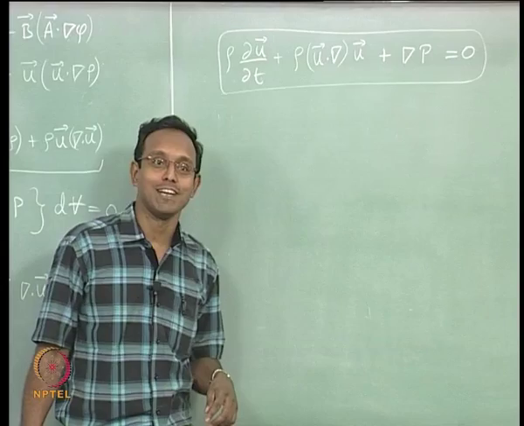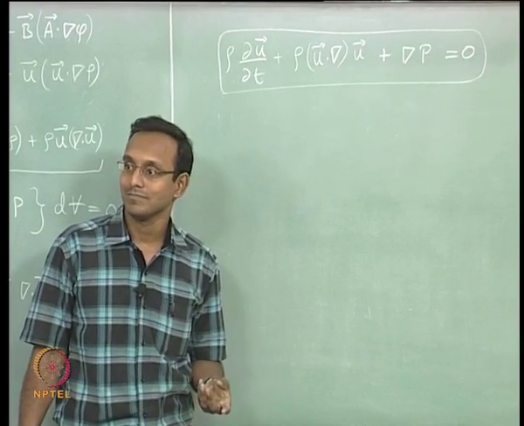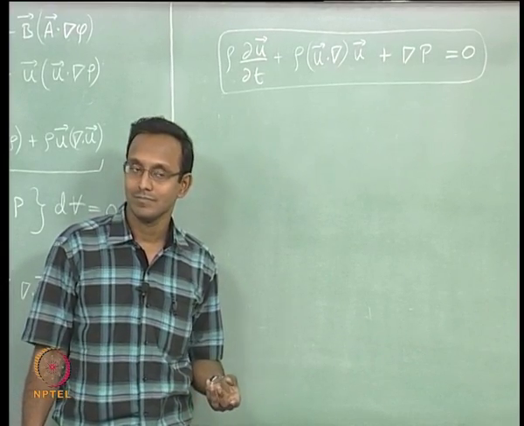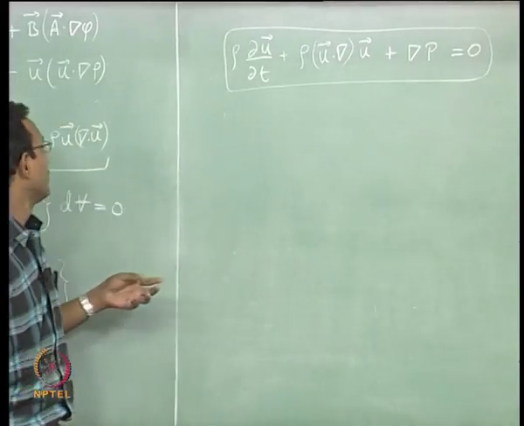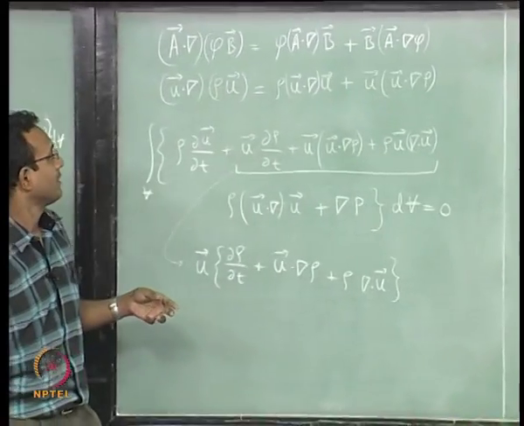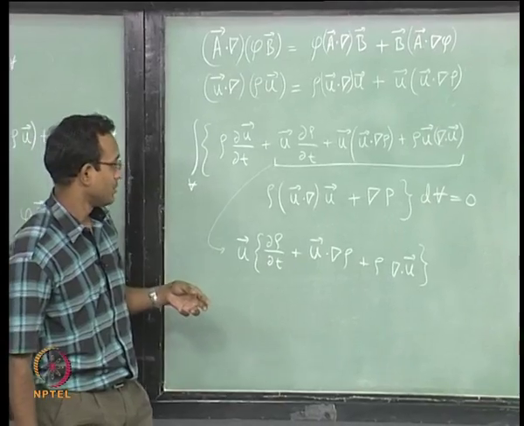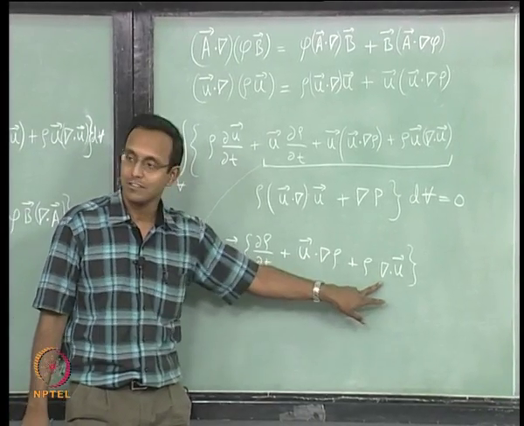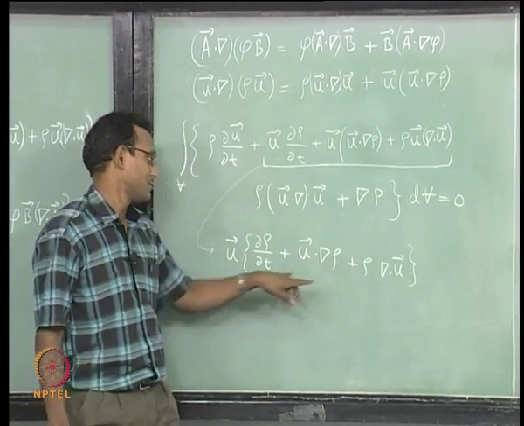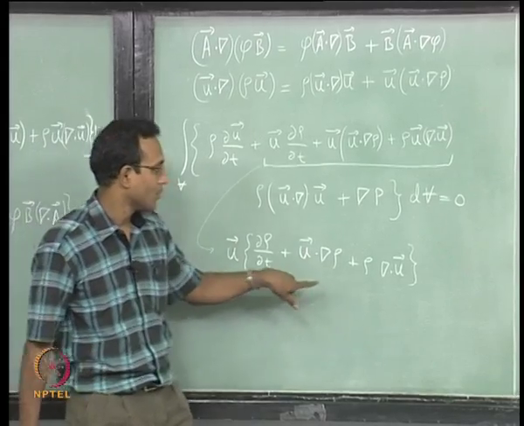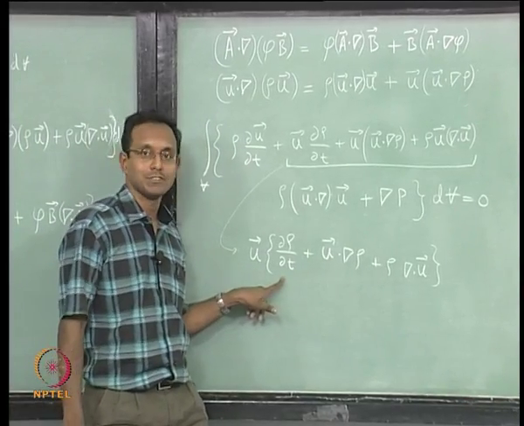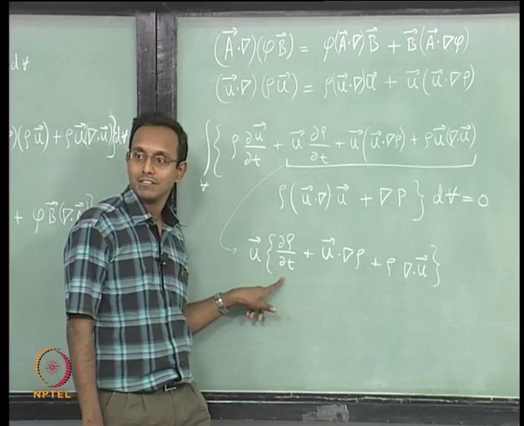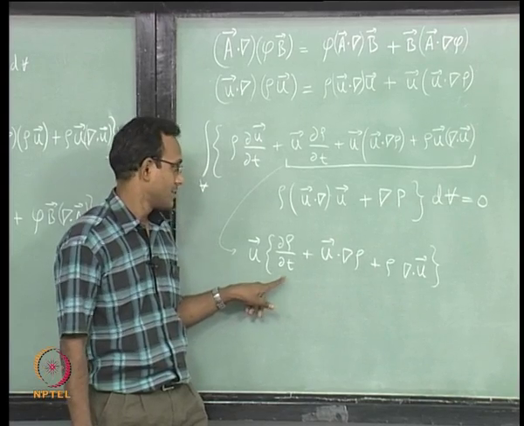Why is it valid for compressible flow? Del dot u equals 0 means it is incompressible. Del dot u equal to 0, we used somewhere. Where did you use it? This is the mass equation. We said this whole term is equal to 0 in the mass equation. That is what we said, right?